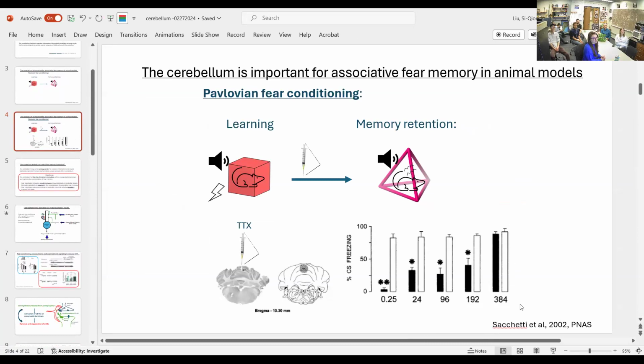So if I understand it correctly, then at 380 hours, there is no effect anymore. So where is the memory at that point? It probably suggests the memory itself is not stored in the cerebellum, but there is a period the memory is processed and then transferred to the other brain region. So it's involved in consolidation, but not the storage itself. Right. Yeah.